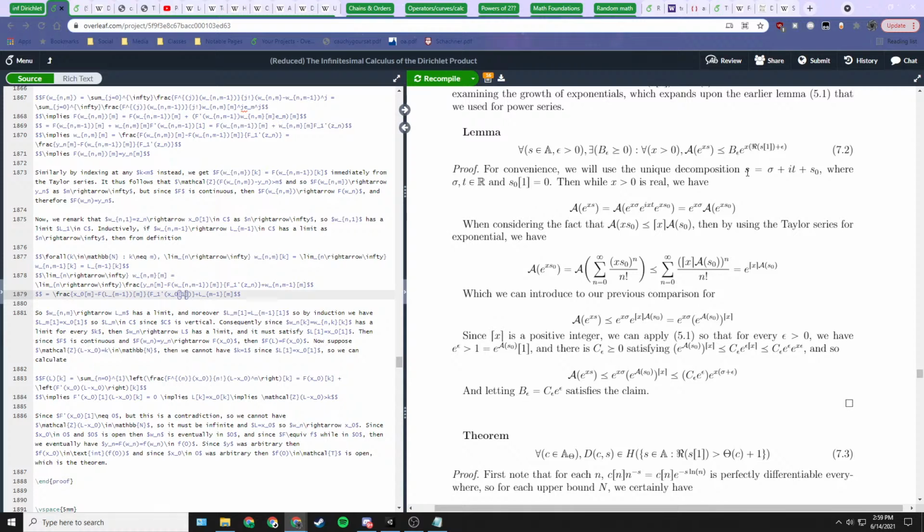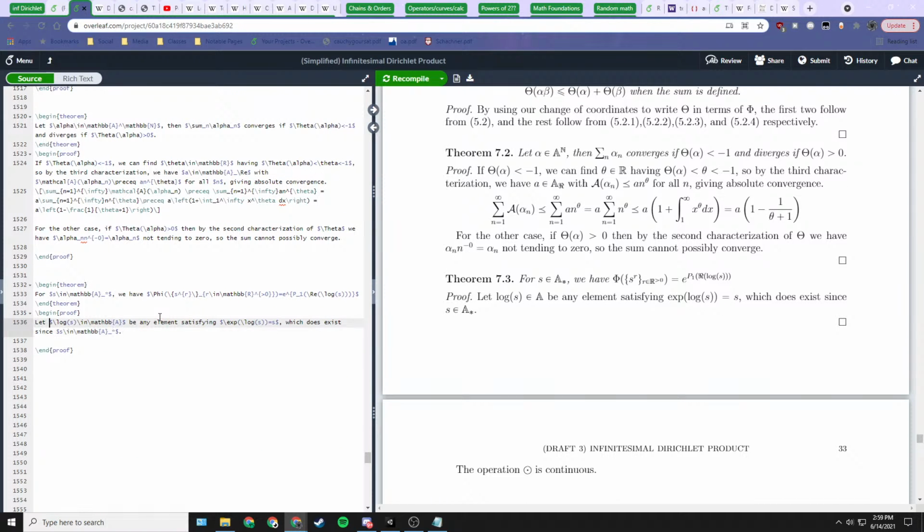Okay, so we use a decomposition here. Let's say this: let Z satisfy Z equals S, which must exist since S is in A star. Okay, so now we use the unique decomposition.